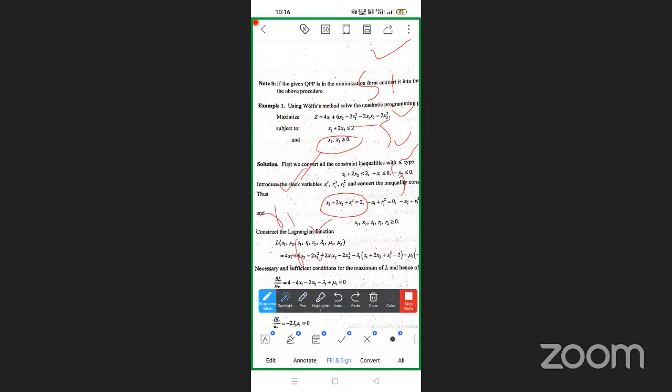Is it clear? In the constraints we add s1 square, s2 square, like this. And for the non-negative constraints x1, x2 greater than or equal to 0, we can add r1 square, r2 square, and so on. So like this.